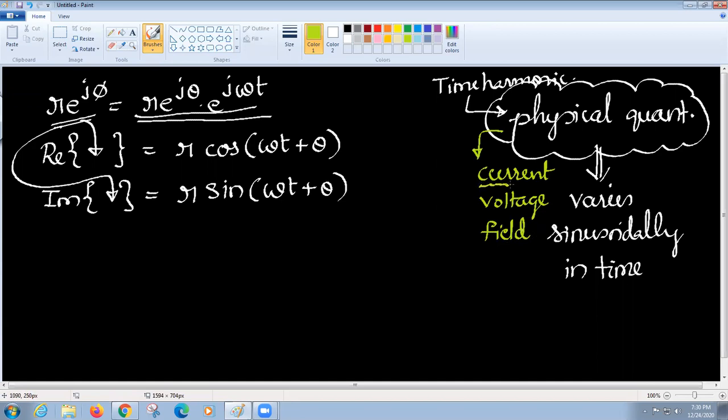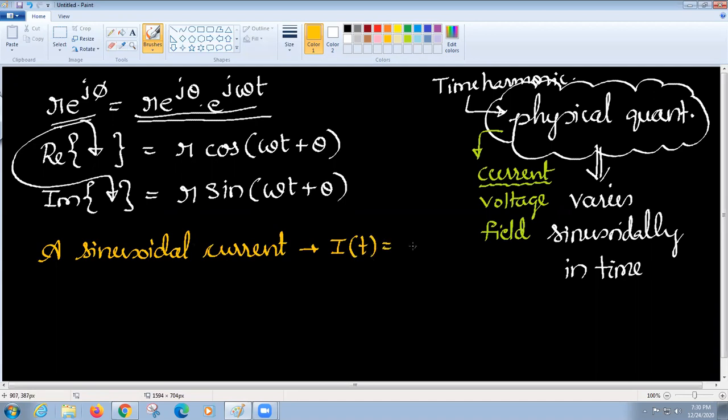So if I choose current as a physical quantity to see its time harmonic nature, I take a sinusoidal current, say I of t. So I of t is equal to I naught cos omega t plus theta.